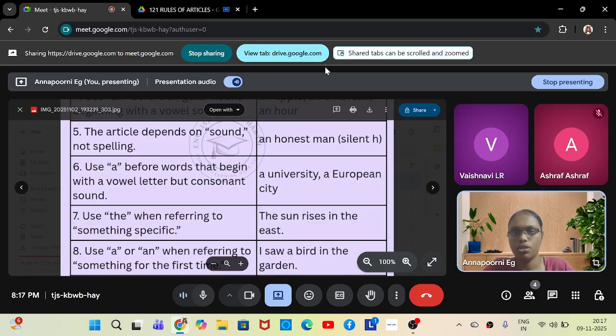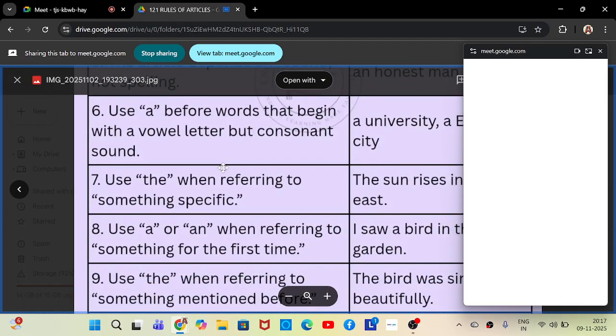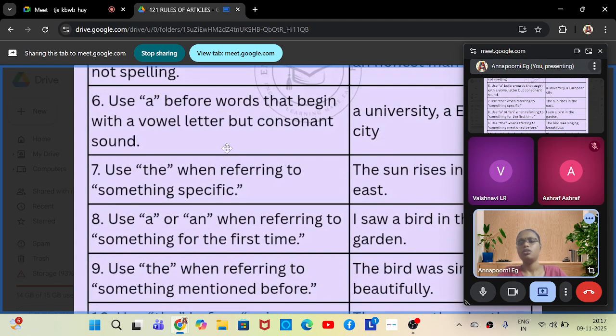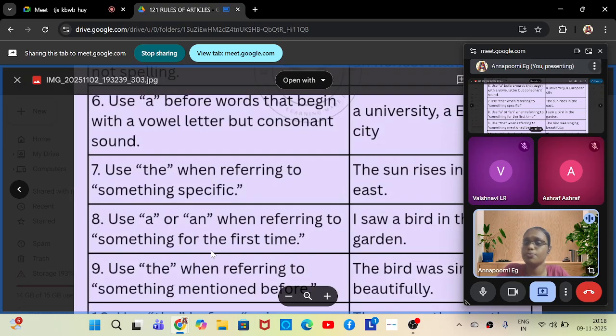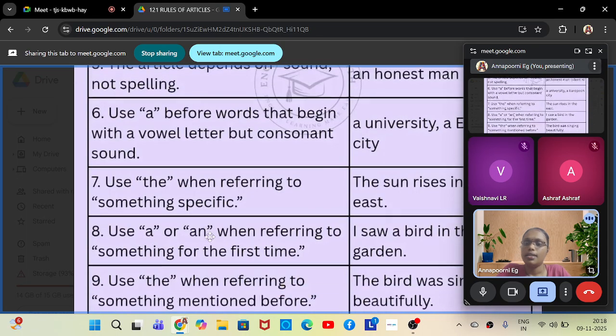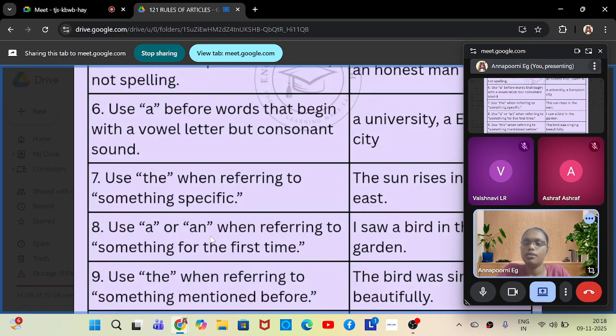Moving down. The sixth rule tells use a before words that begin with a vowel letter but a consonant sound. This is a special case. There are some words in English that begin with vowel letters, but their sounds are those of consonants.